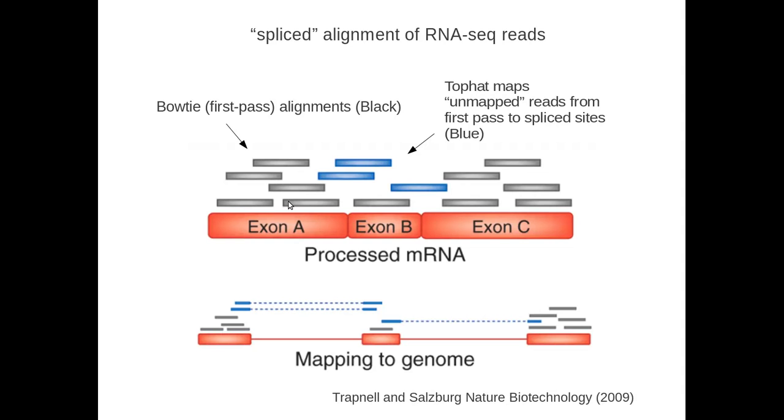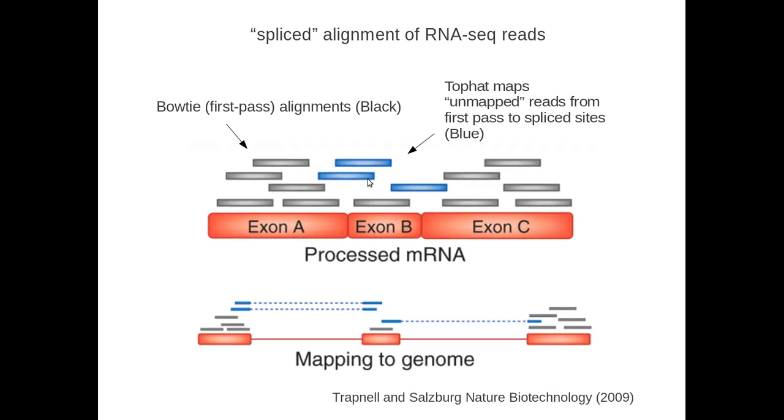In the first pass, I'm here referring to Top Hat, which is the spliced aligner that you're using in your homework, you have Bowtie aligning the reads, in which it aligns all reads the same way it does if you had sequenced DNA. But then there's a population of unmapped reads.